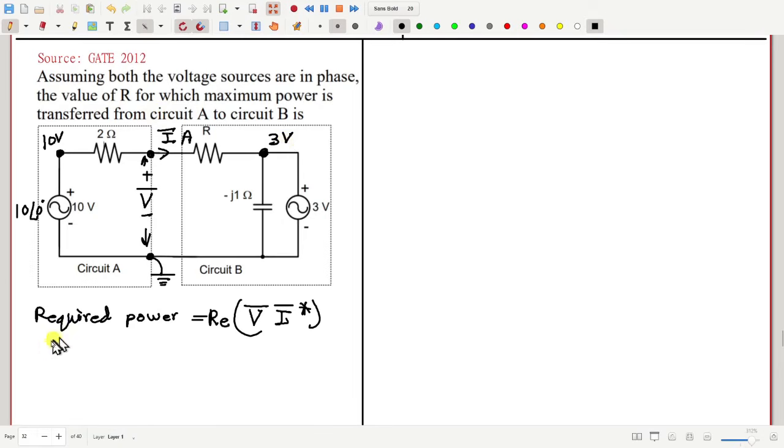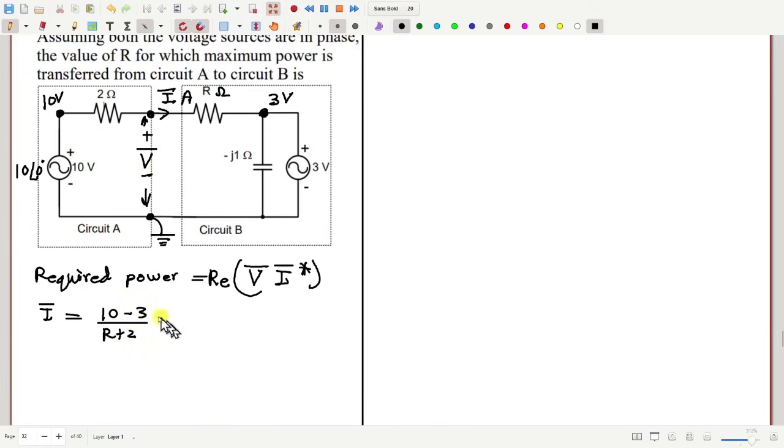Then how much is I bar? That is 10 minus 3 by R plus 2, if this R is in ohm. This is basically a real number, because angle is 0 degree.